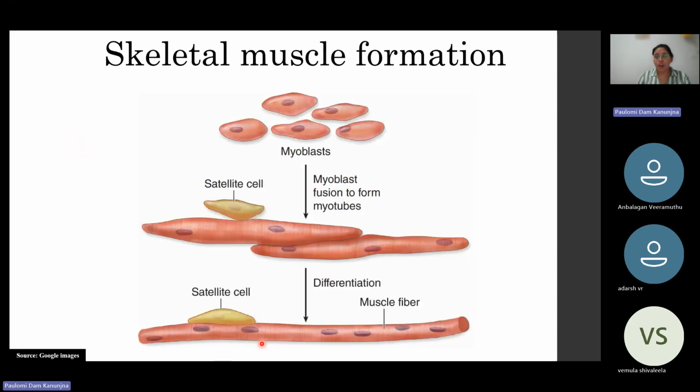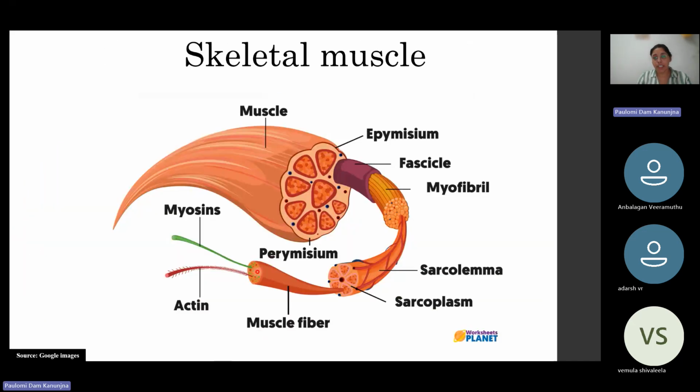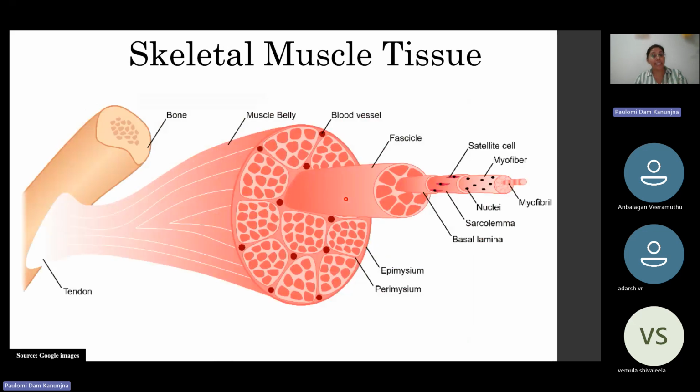Now, from this figure, let's go into a more detailed figure. So again, a bone. On the bone, you have the muscle. On the muscles, you have these different blood vessels. Each of these bundles that you see are called fascicles. In each fascicle, you will see several small units or components.